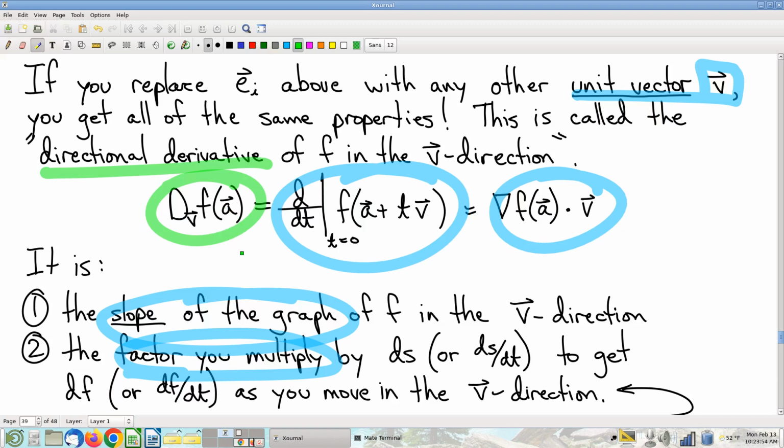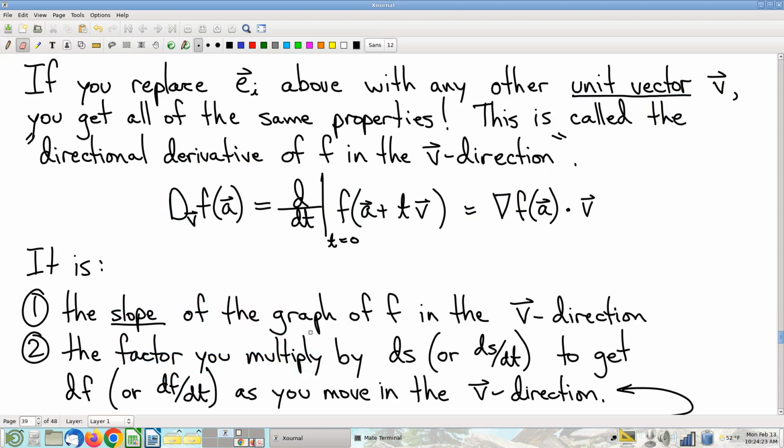It also indicates in what unit vector direction I am going. So I'm just going to assert, with intuition as my justification, that these things should all be equal, and this is a perfectly interesting concept, and we're going to give it a name and a notation. So there we go. Directional derivative.